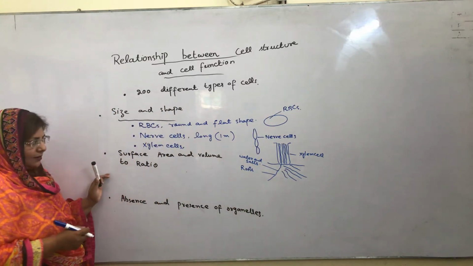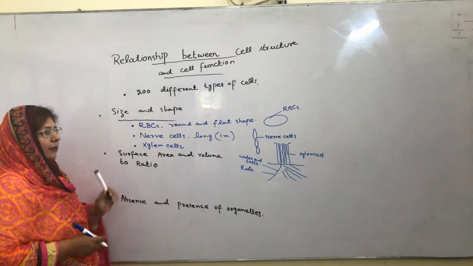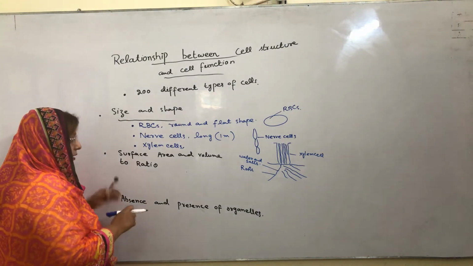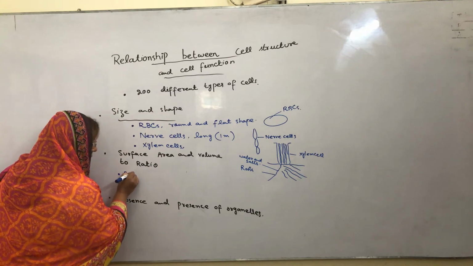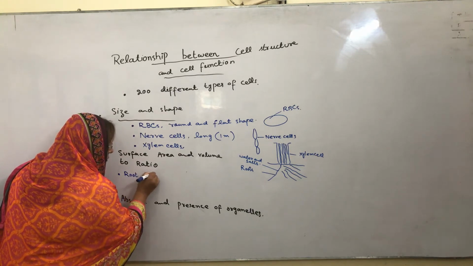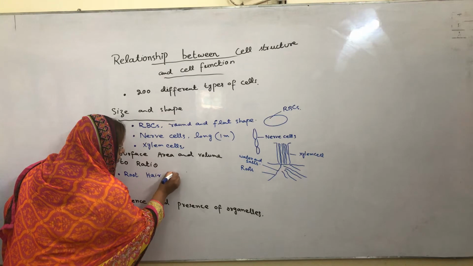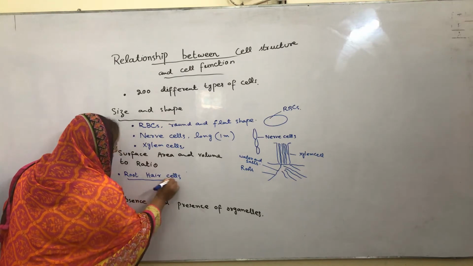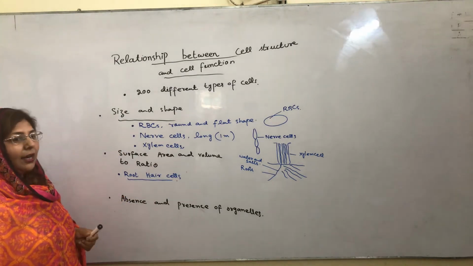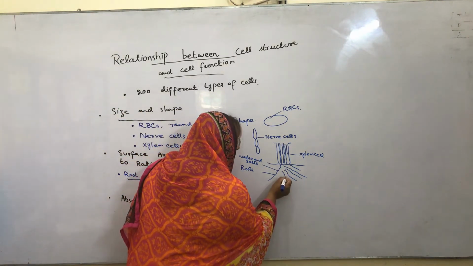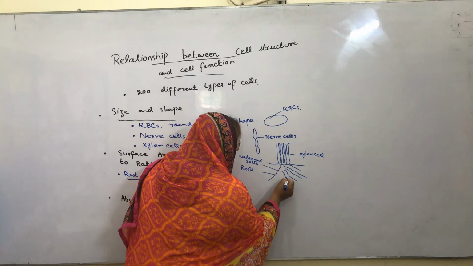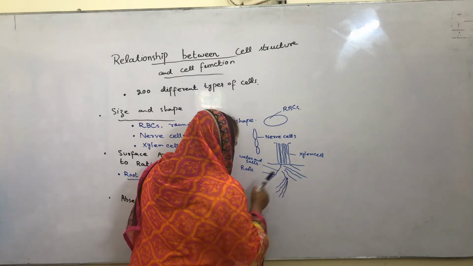The second characteristic is surface area to volume ratio. In this characteristic, we can take the example of root hair cells. Root hair cells are present under the ground. All plants have roots, and further these roots are divided into root hairs.